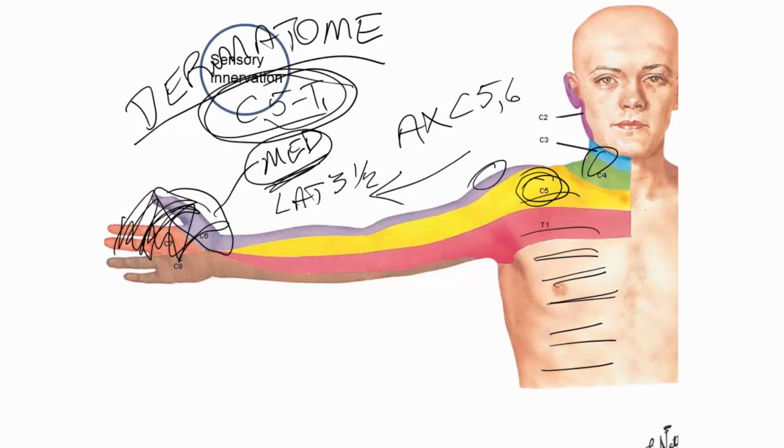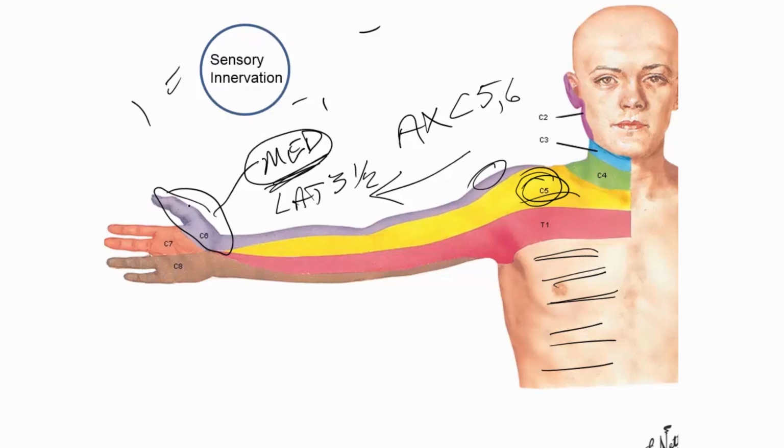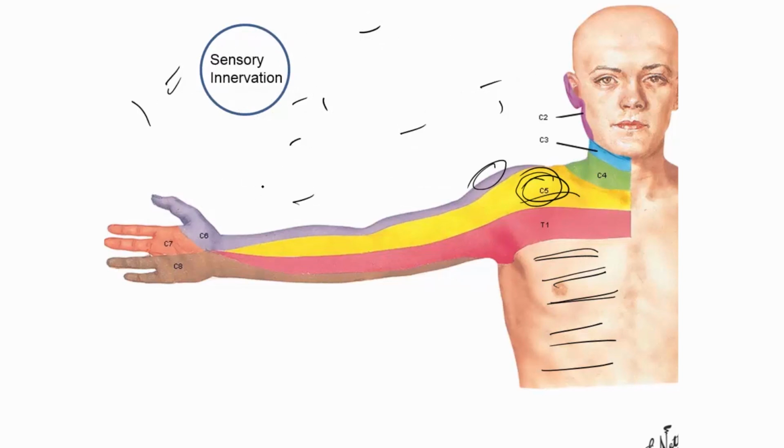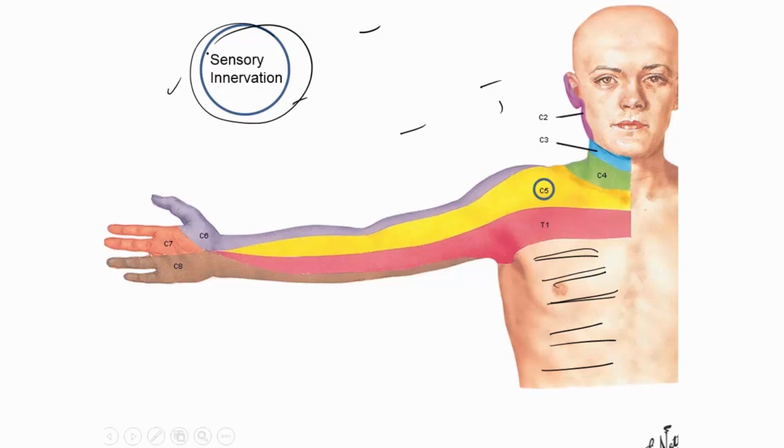So if we look at this distribution from a sensory standpoint, looking at individual spinal segments, again, so that we understand the sensory innervation, we can see that C5, which is carried by the axillary nerve, but C5 fibers get distributed to the skin of that anterior shoulder.